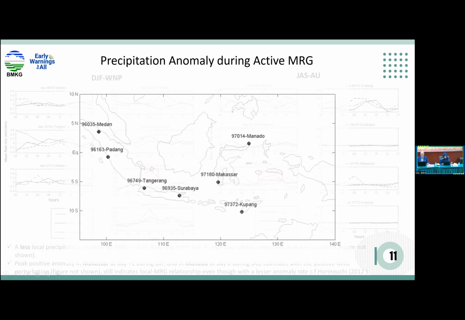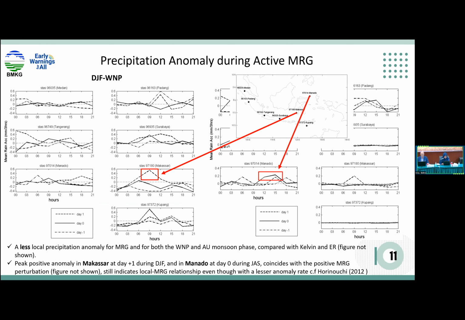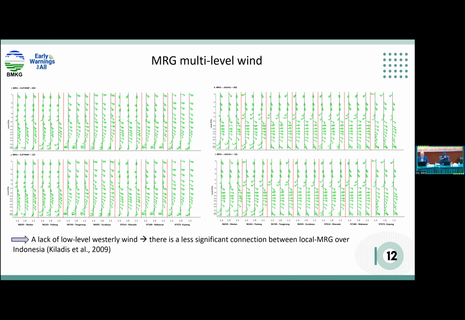And then I continue. And for the local condition influenced by mixed Rossby-Gravity wave on the multi-level wind, we can see here a lack of low-level westerly wind, so there is a less significant connection with local mixed Rossby-Gravity wave over Indonesia, because we cannot see significant westerly wind in the region of Indonesia, especially from the lower until the middle level of the atmosphere.